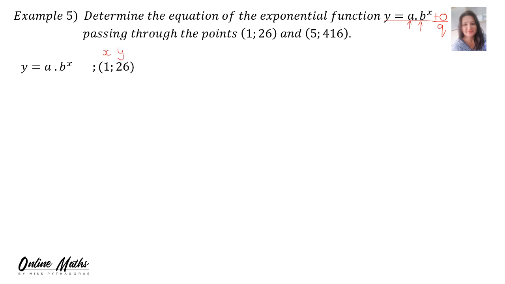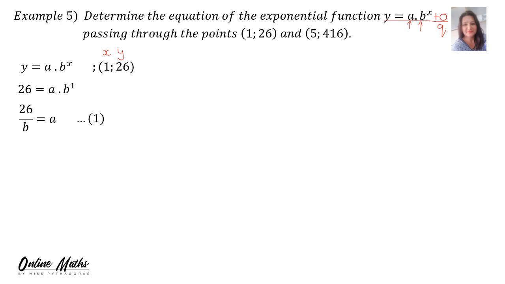And then in y's place, we substitute 26 equals a times b, and in x's place 1. And then I'm going to make a the subject of the formula here. So I will divide away the b, and I end with 26 over b. This is a. And you call this one equation number 1.